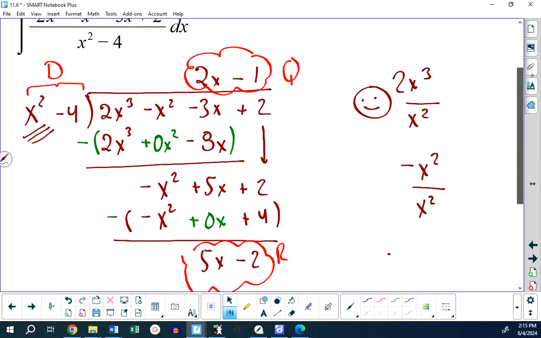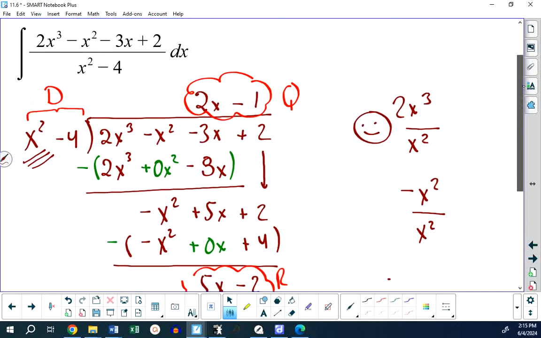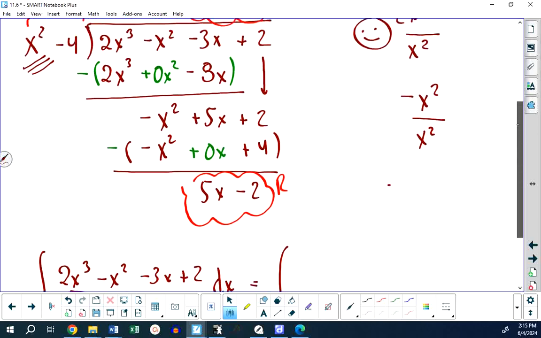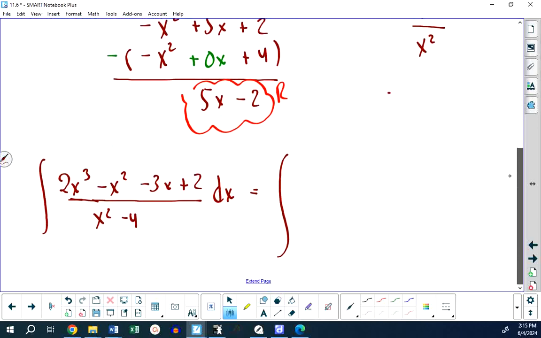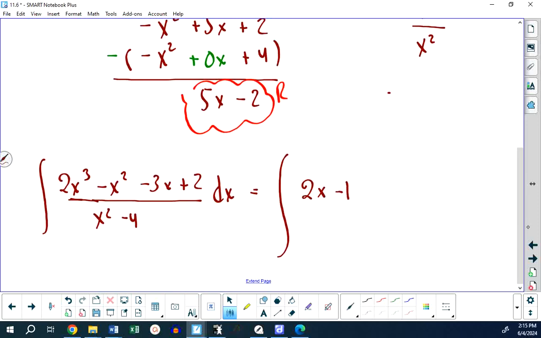The integral of x cubed, x squared, x: 2, negative 1, negative 3, 2, that's good, is equal to the quotient 2x minus 1 plus the remainder over the divisor.